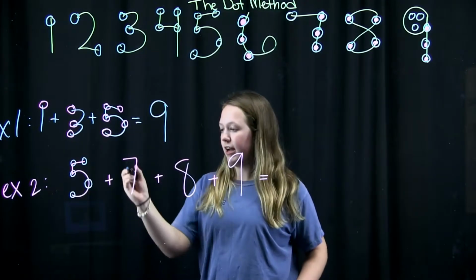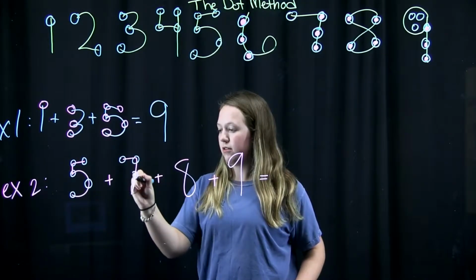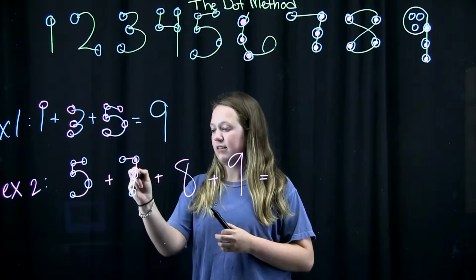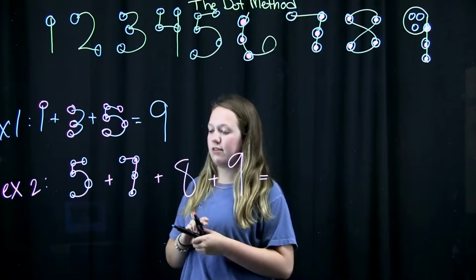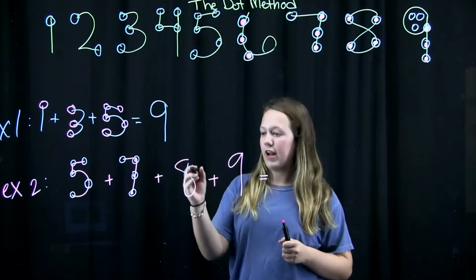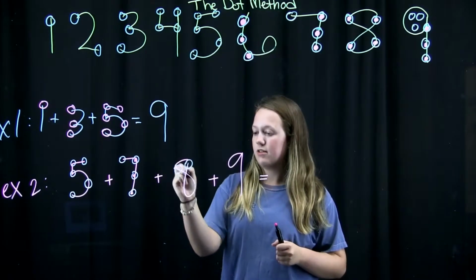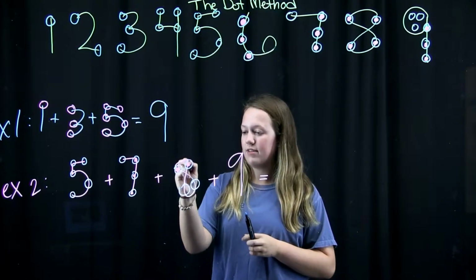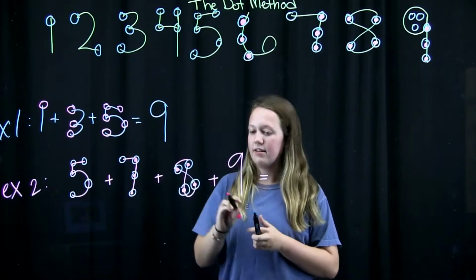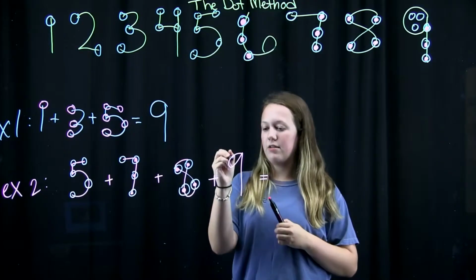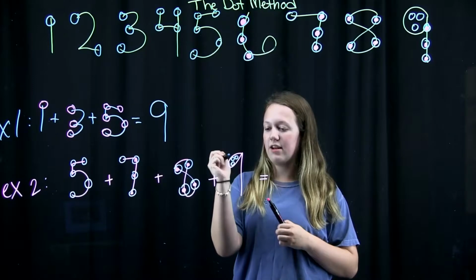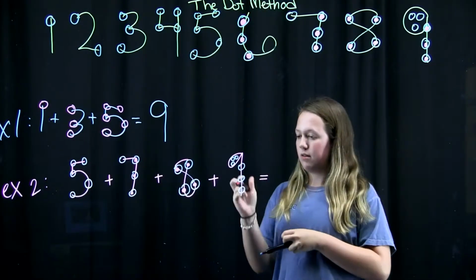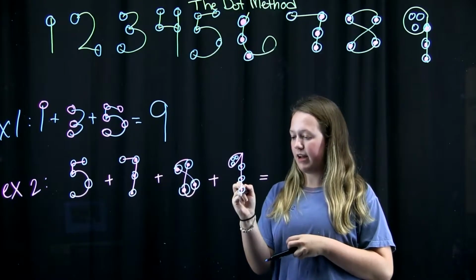For 7, we're going to have 1, 2, 3, 4, 5, 6, 7. Don't forget to go back and add those dots inside. For 8, we're going to have 1, 2, 3, 4, and then 5, 6, 7, 8. And then for 9, we are going to do the face there, and then 3 more on the stem with 3 inside of it to make 9.